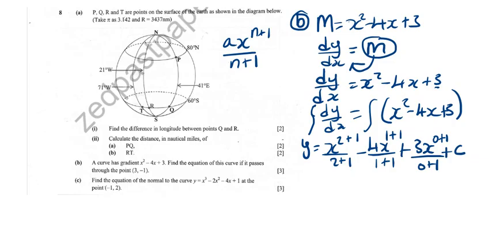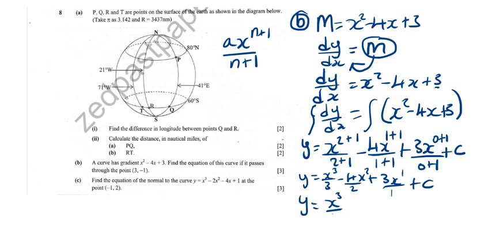So you are going to proceed by saying y is equal to x to the power 3 over 3 minus 4x to the power 2 over 2 plus 3x to the power 1 over 1 plus c. When you simplify this, it's going to give you y is equal to x to the power 3 over 3.